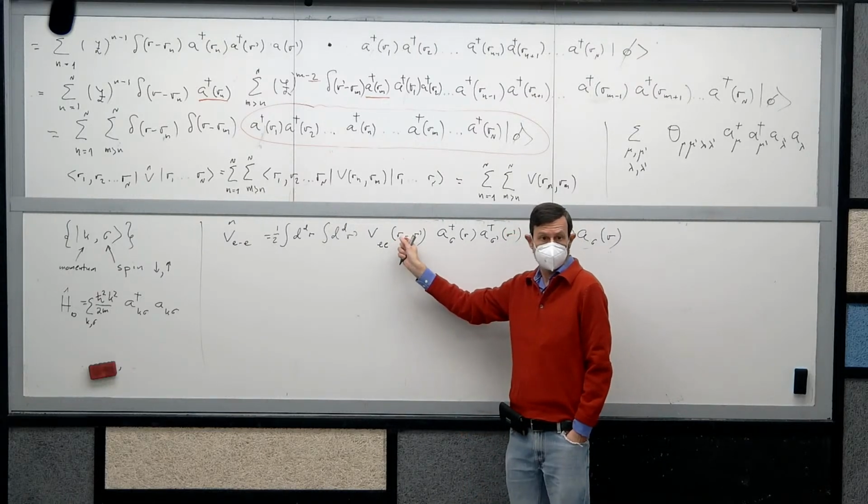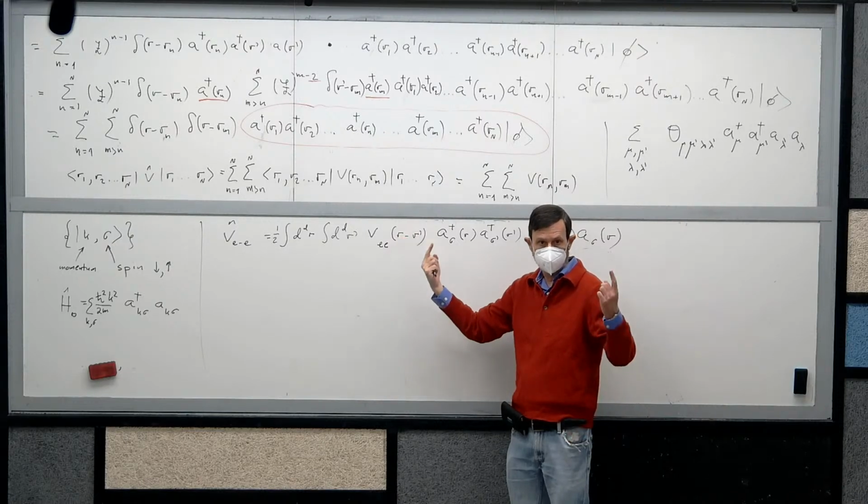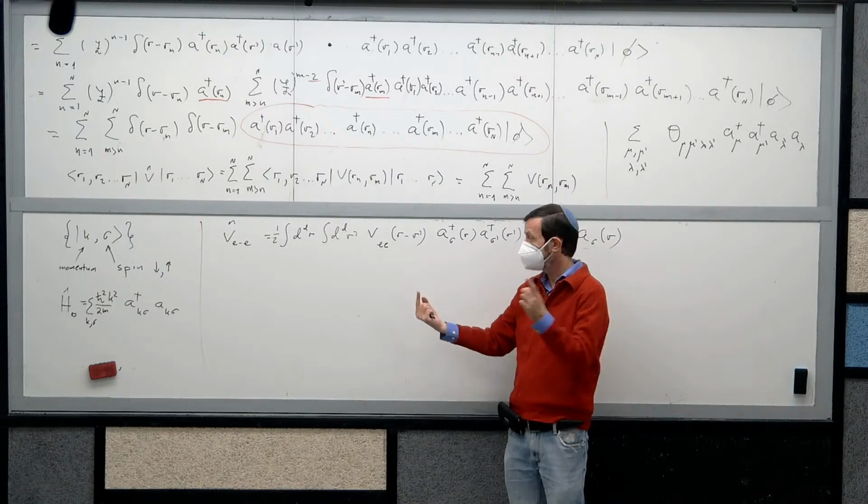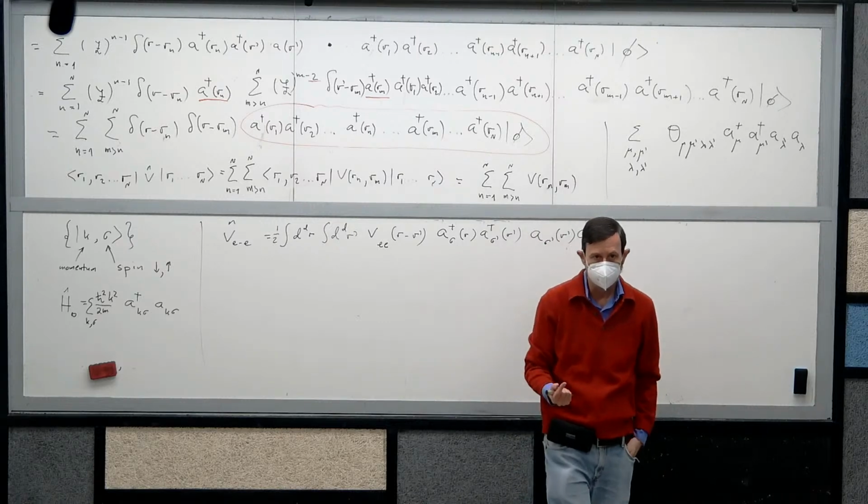This is a scalar. This is a number. The Coulomb interaction between position R and R prime. So the order here is not important.